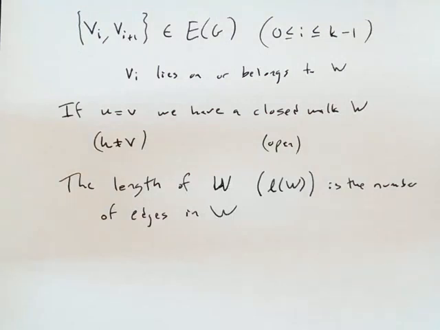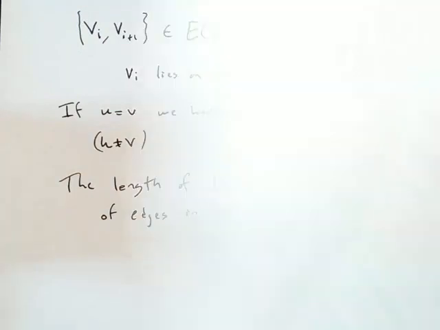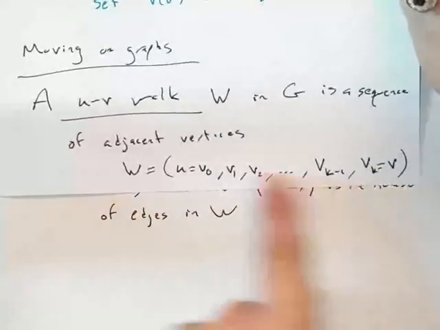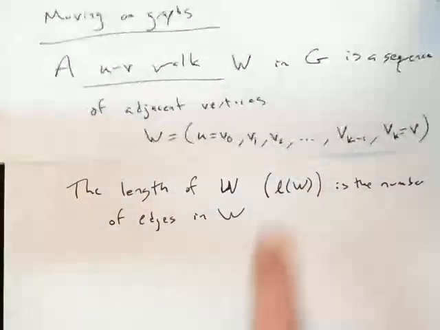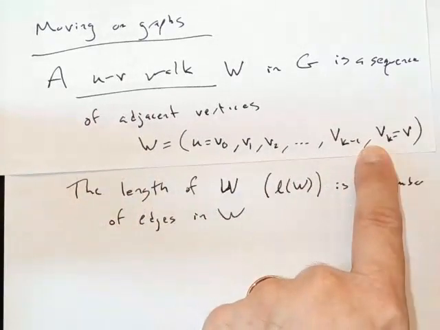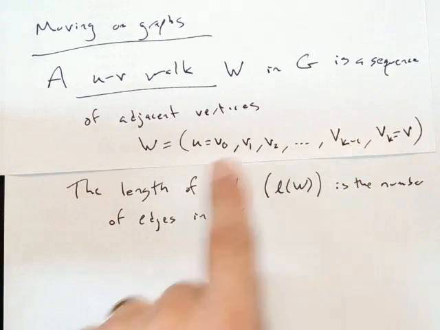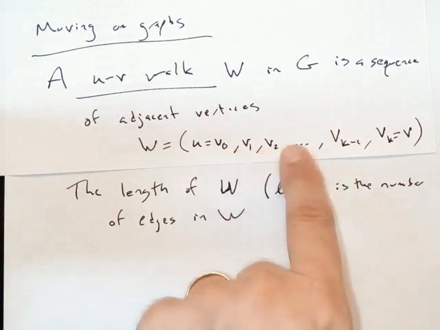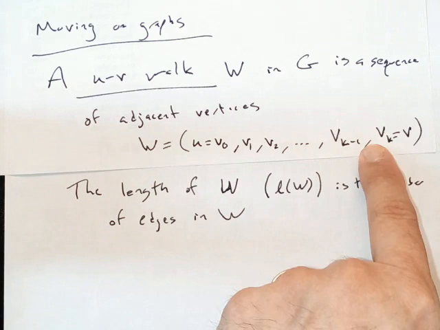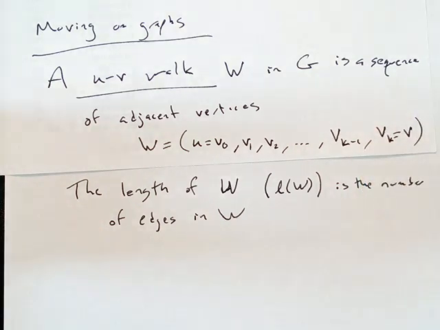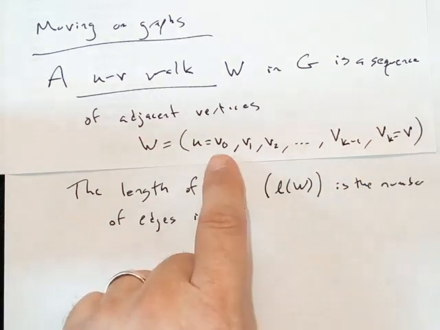That was my walk. It went from U to V. There are K edges, right? 1, 2, 3, K. But there are K plus 1 vertices because I started at 0.